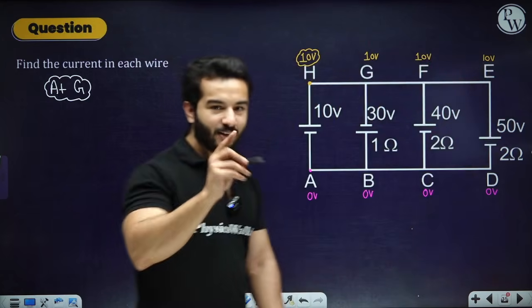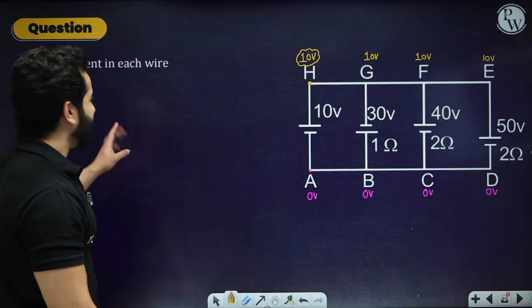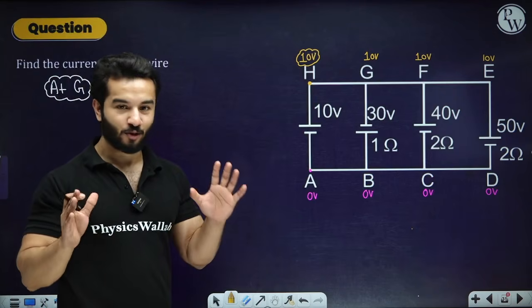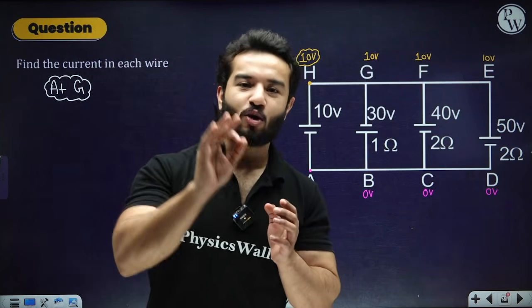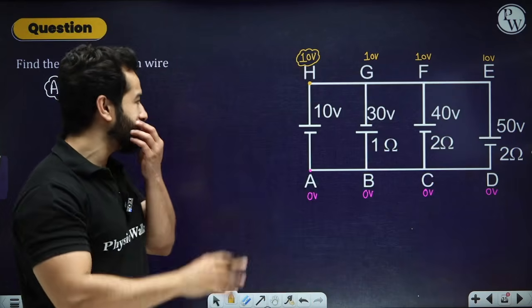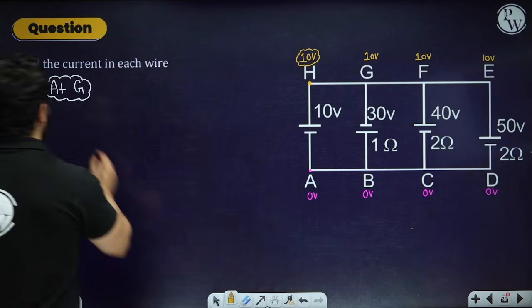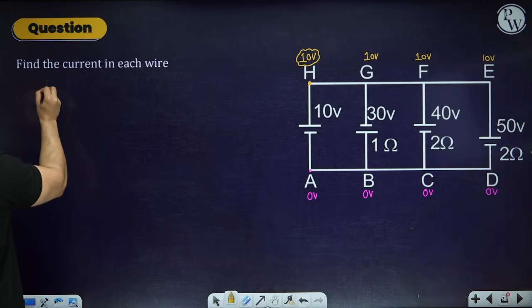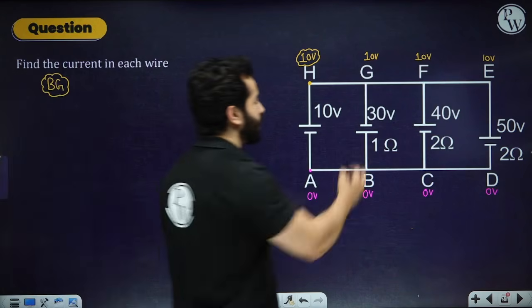Now let's read current for each branch. Let's leave this branch for now because I don't have resistance for it. Wherever you don't have a resistance, let's solve it at last. You are going to automatically find it out. Let's solve for BG. Let's find out current at BG branch. This point is at 10 volt.